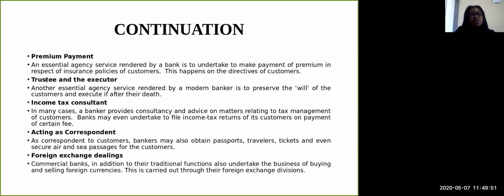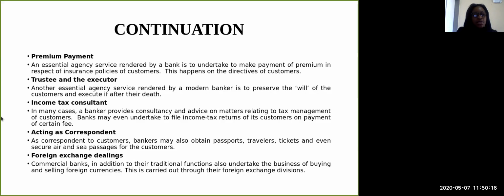The next is income tax consultant. In many cases, a banker provides consultancy and advice on matters relating to tax management of its customers. Banks may even undertake to file income tax returns of its customers or make payments for certificate fees.